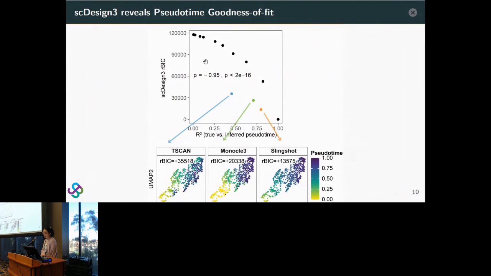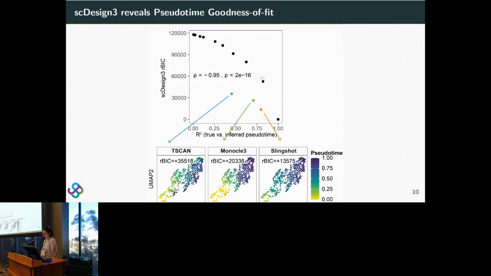And this one is more about the interpretation functionality of scDesign3. In here, we first use a synthetic data set, which can provide us a true time of the cells. And then we also have some inferred pseudotimes. And these 3 different colored dots are 3 sets of pseudotime inferred by different pseudotime inference methods.